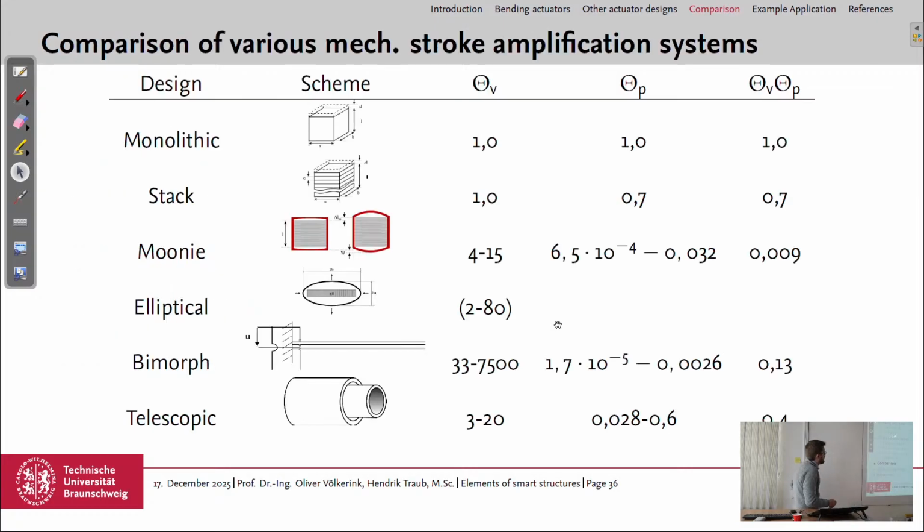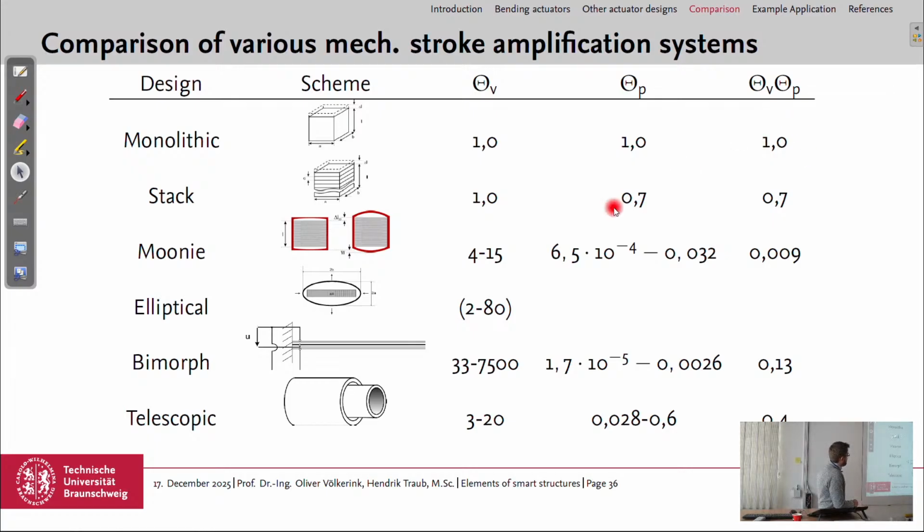If we compare these in terms of stroke amplification, force reduction, and quality criterion, we set the monolithic actuator as a reference, so we have a stroke amplification of 1, force reduction of 1, and therefore also quality criterion of 1.